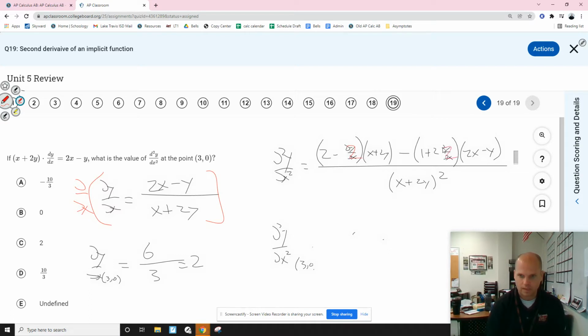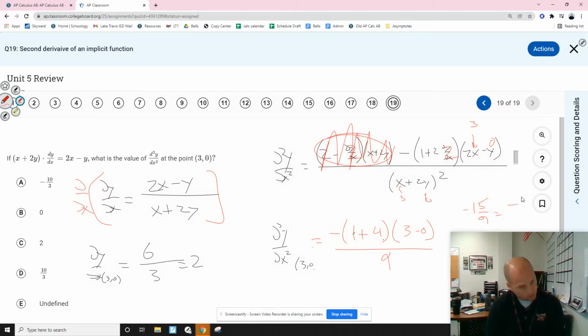That's 2. That's 2. This is 0. That's a big fat 0. I'm not worrying about this. But x is 3 and y is 0. So I have minus 1 plus 4 times 3 minus 0 over 3 squared, which is 9. 5 times 3 is negative 15. Negative 15 over 9 simplifies to be negative 5 thirds.